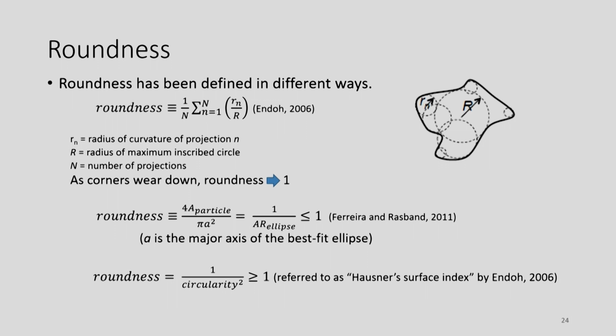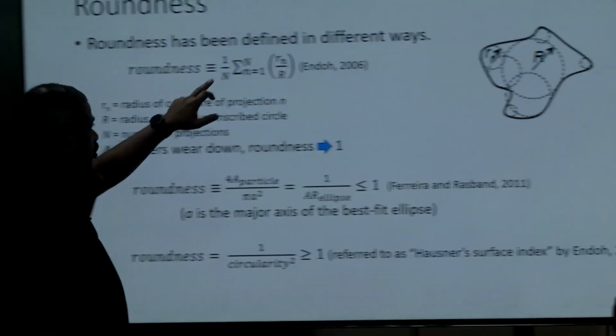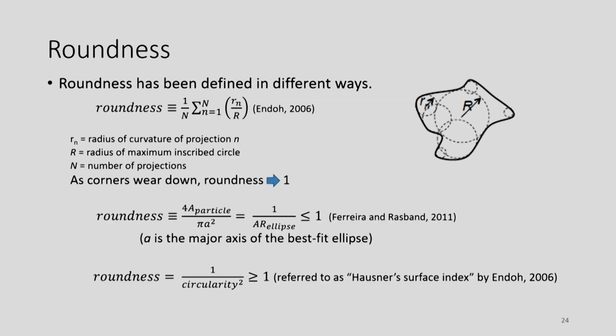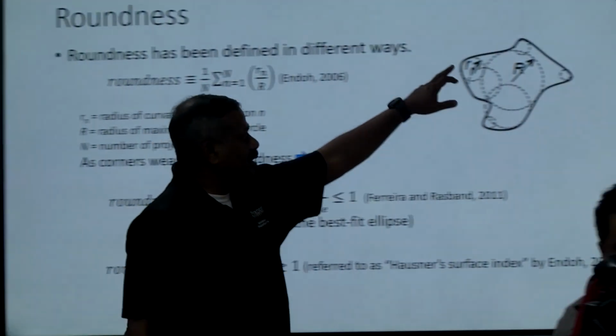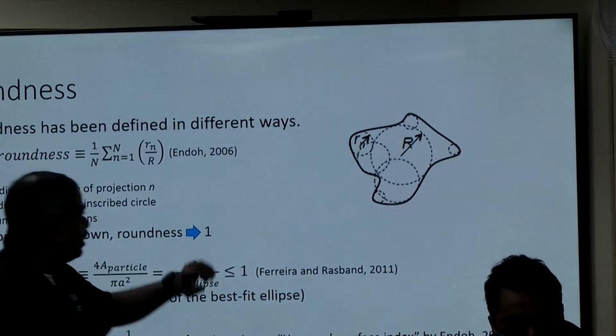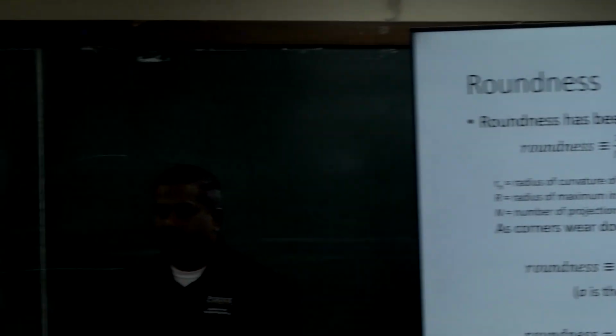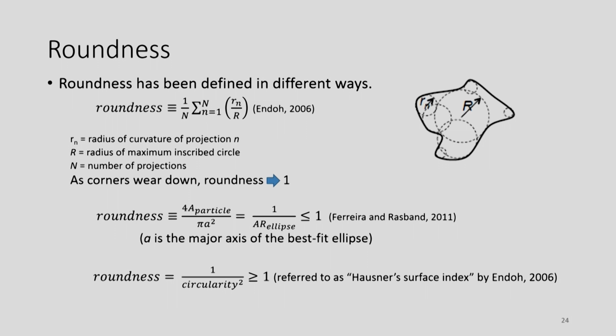Roundness is how round the corners are. You calculate the radius of all the corners of the particle and then use those values to get the roundness. We talked about one rounded, uniform particle, like a wheat flour particle. You get the roundness from the radius of all the circles on the corners.